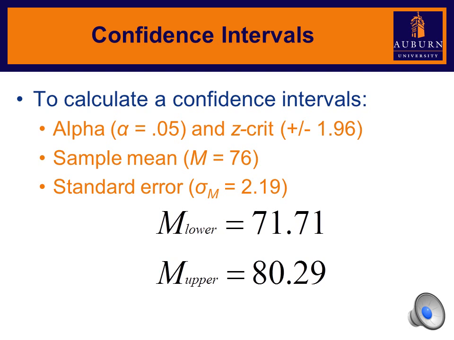We end up getting 71.71 for our lower bound and 80.28 for our upper bound. And so what we're saying is that the true population mean for performance with this new training will fall somewhere between 71.71 and 80.29 performance ratings.